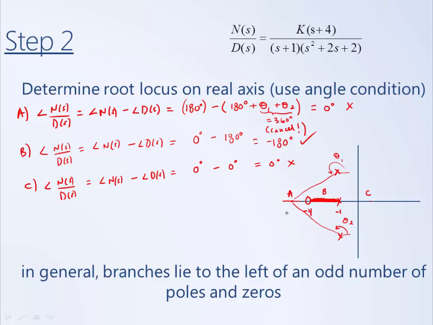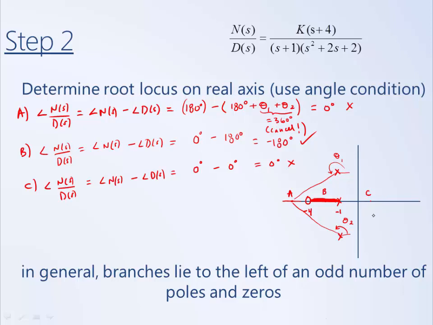Region A is to the left of 2 elements, 1 pole and 1 zero. So since region A is to the left of 2, and 2 is an even number, we have no locus in this region. If we look at region B, it is to the left of 1 element. 1 is an odd number, so we do have a root locus in this region.